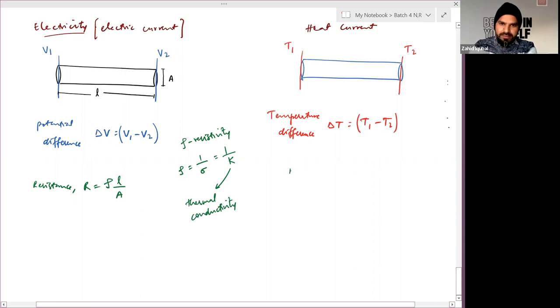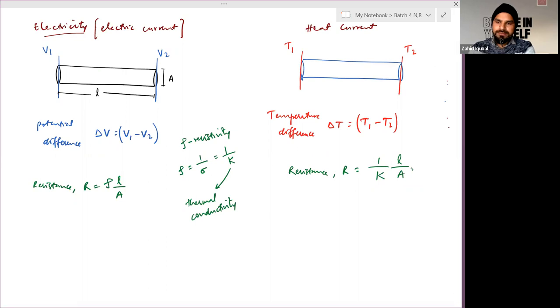So we may write the resistance offered to the flow of heat current as 1 by K times L divided by A. Minashi, is it clear? Yes, sir.